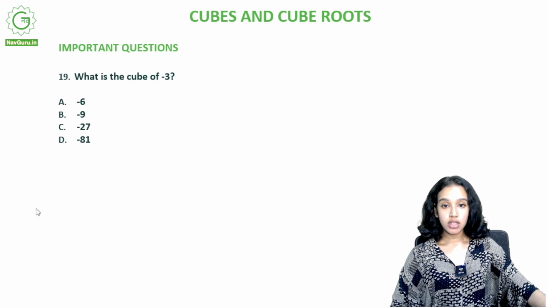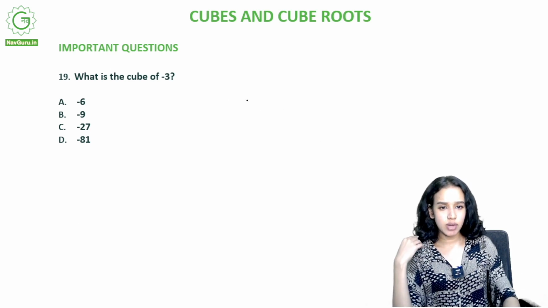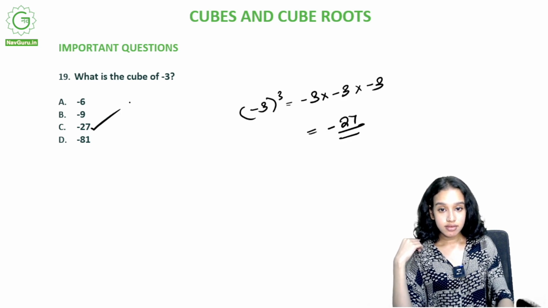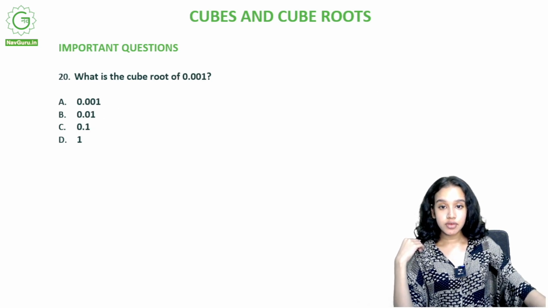Now, what is the cube of minus 3? It's the simplest question. Minus 3 whole cube means we need to multiply minus 3 by minus 3, 3 times, which will give us minus 27. Now, what is the cube root of 0.001?